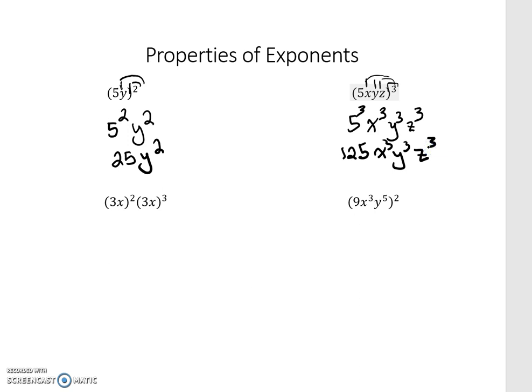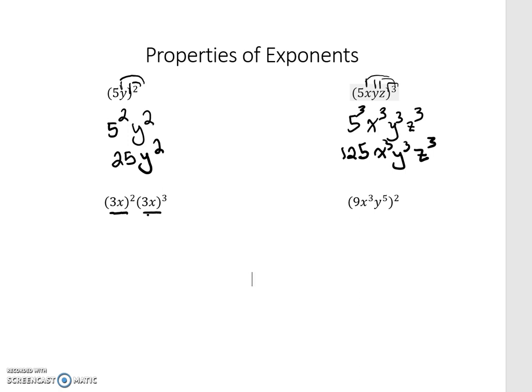All right, now this next one where we have 3x squared and 3x cubed, I can actually look at this two different ways, but the first thing that catches my eye is that the values inside the parentheses for both of these are identical. And remember that identical bases that are being multiplied together, you can go ahead and use the product property.